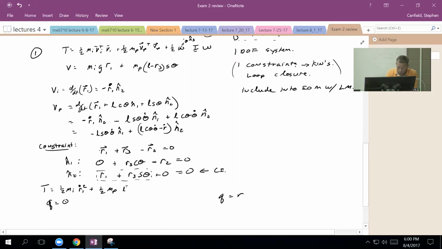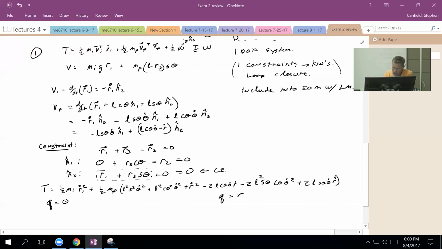So it's going to give me L squared sine squared theta theta dot squared plus that thing squared, L squared cos squared theta theta dot squared, plus R dot squared, minus 2 L cos theta theta dot R dot, and then minus 2 of those things, minus 2 L squared sine theta cos theta theta dot squared plus 2 L sine theta theta dot R dot.